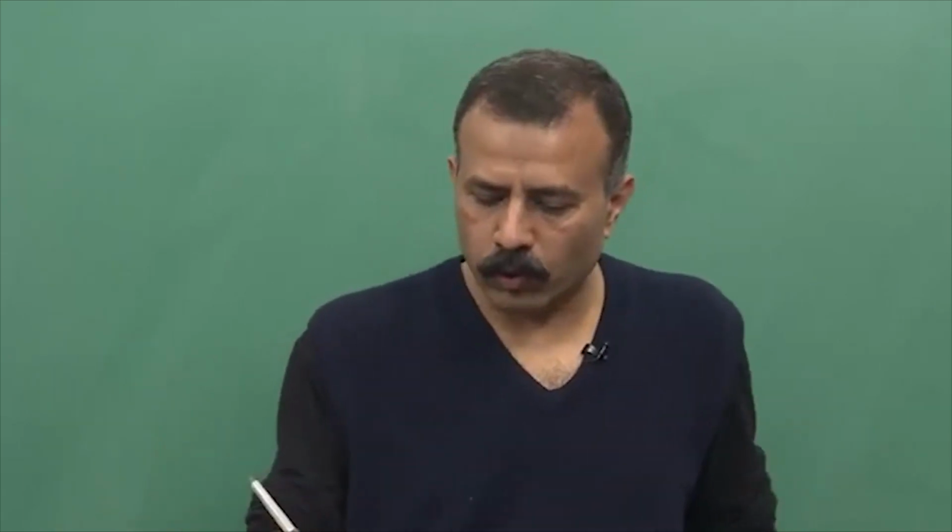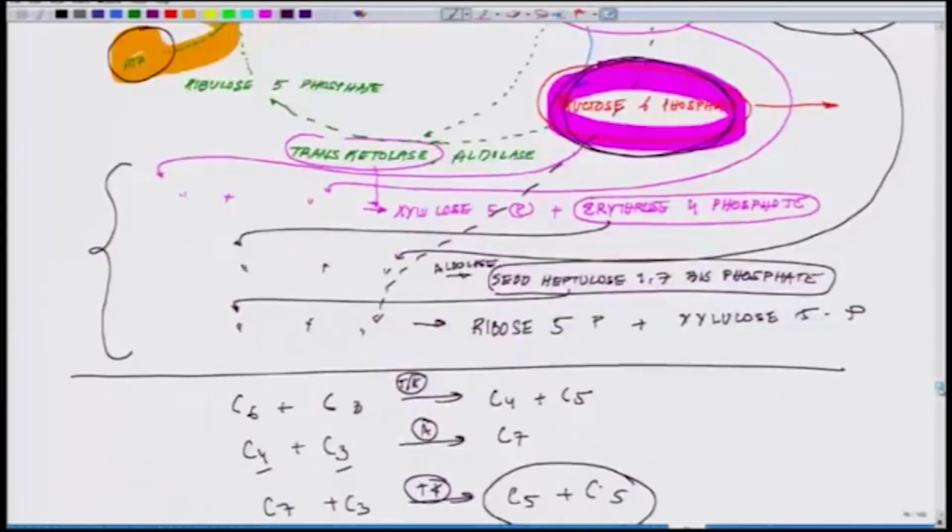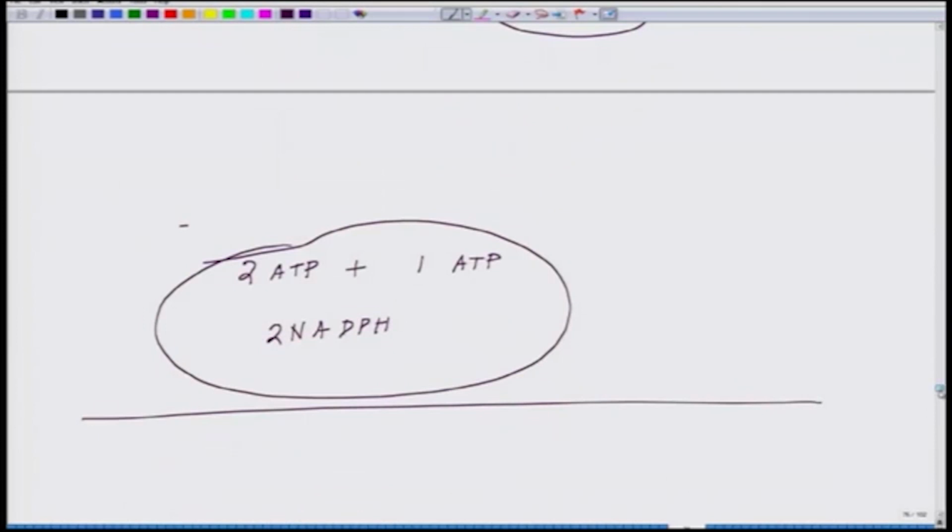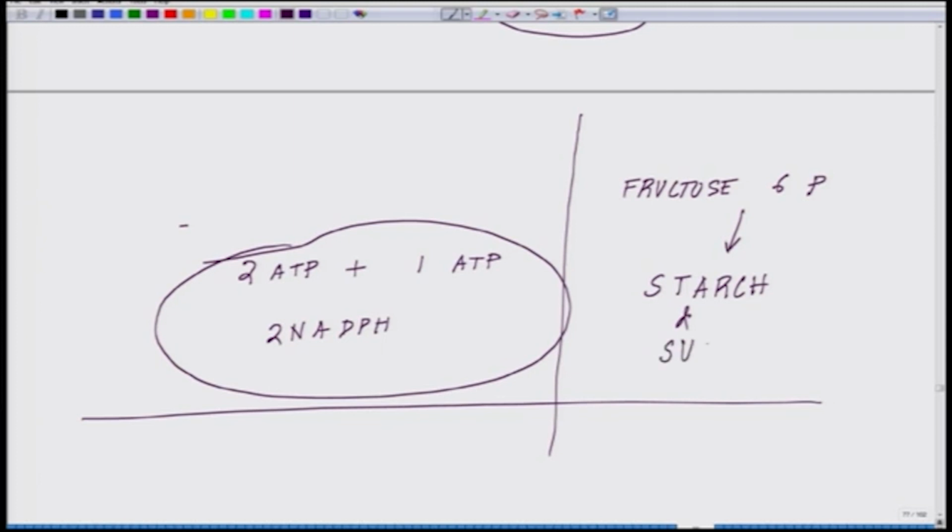So, our next goal will be to see this, and what is needed is these. So, we will be talking about fructose 6 phosphate to starch and sugars, which are the source of all the biofuels.